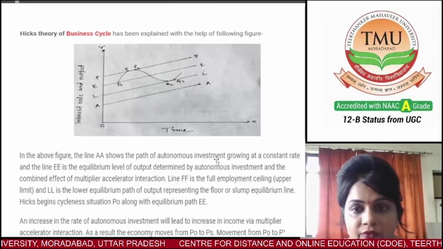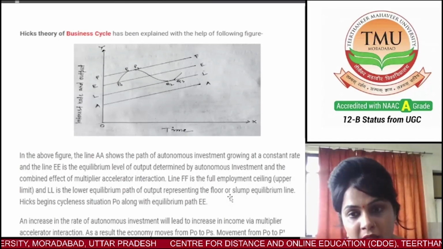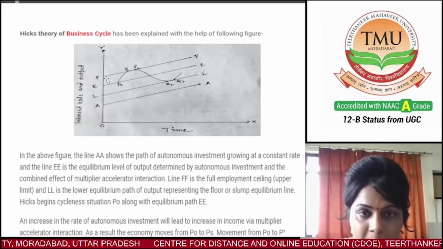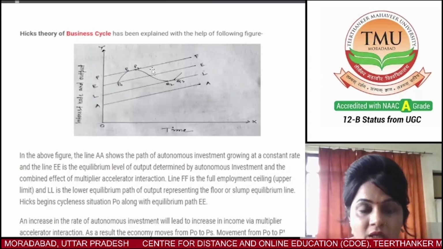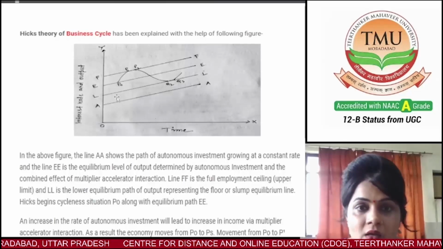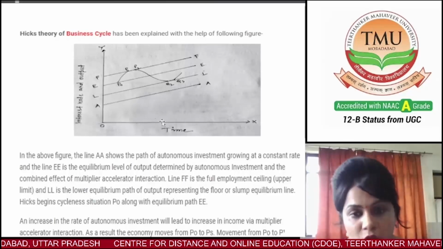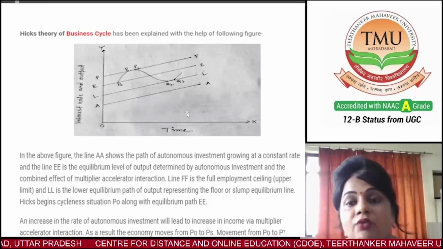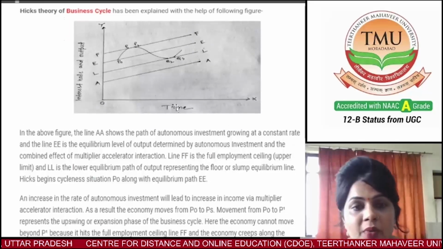Line F is the full employment ceiling and upper limit. The full employment economy cannot go beyond this line. And LL is the floor or slump equilibrium line.